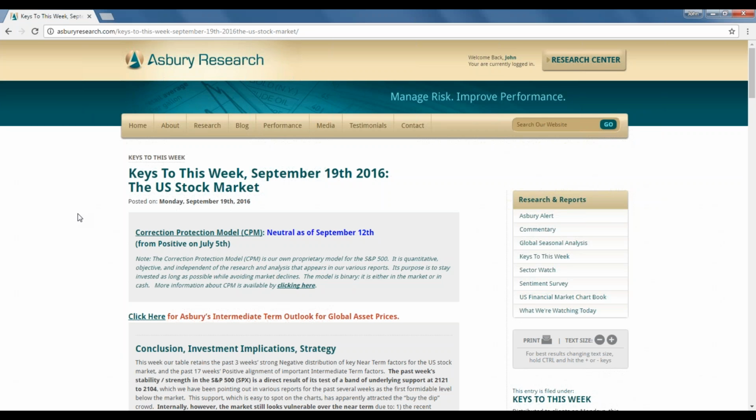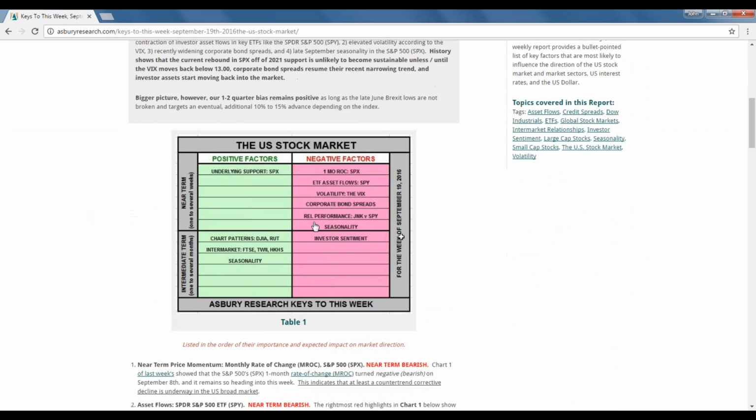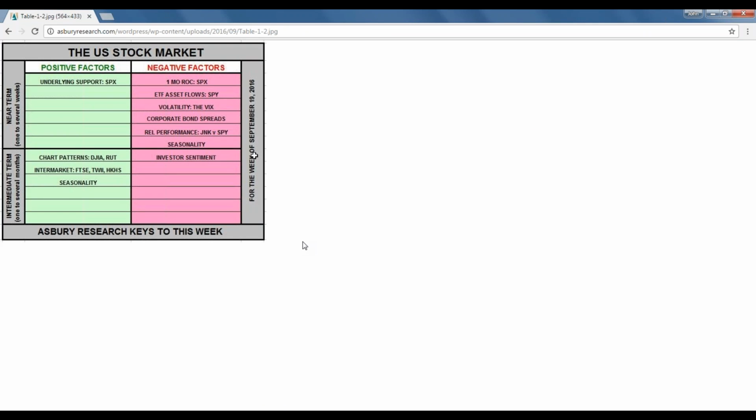week. I want to scroll down to our matrix, and this is where we take our 10 keys and we organize them into near term, which is up top here, and intermediate term, which is across the bottom, positive, which is green, and negative, which is red, categories. And just by giving this a fast glance, you can see that most of these 10 keys are situated in the near-term negative category.